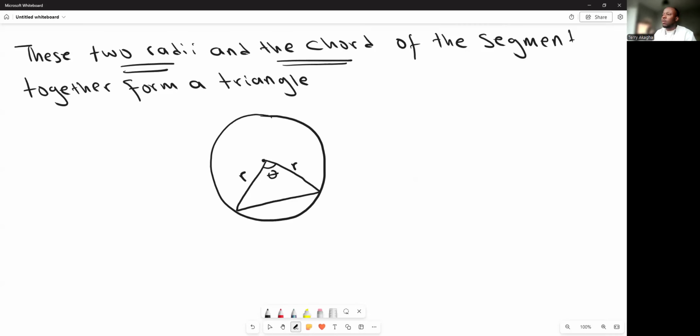So you have the triangle OAB, as well as the sector OAB. Now you notice that at the end of the day, we have a segment here. This part here is what we call a segment. So the place I shaded is equal to a segment.